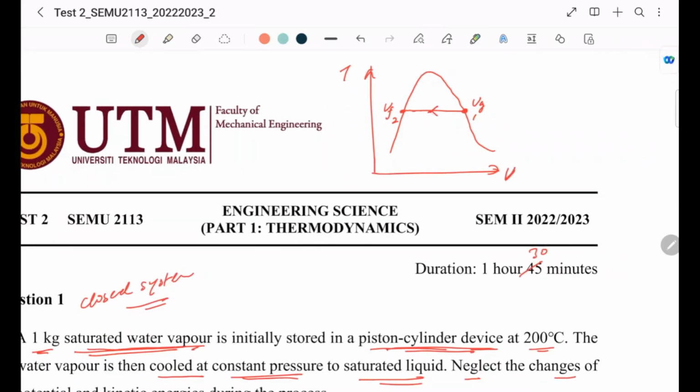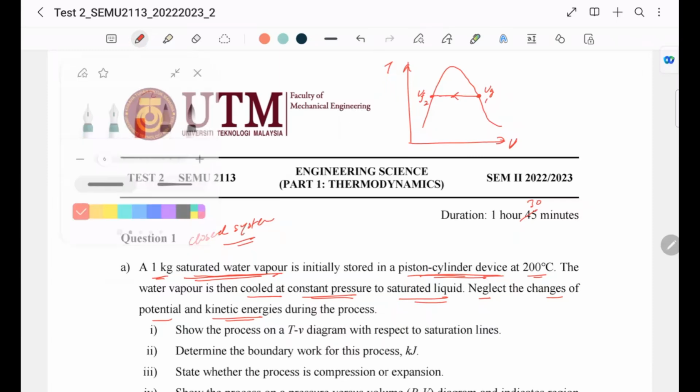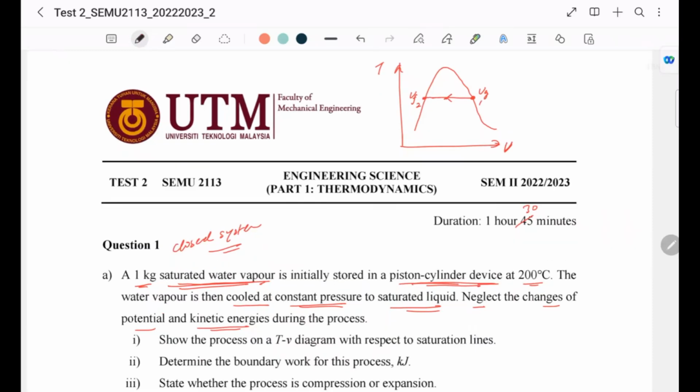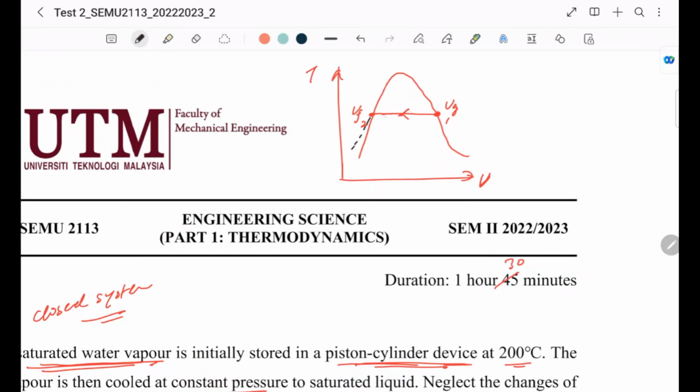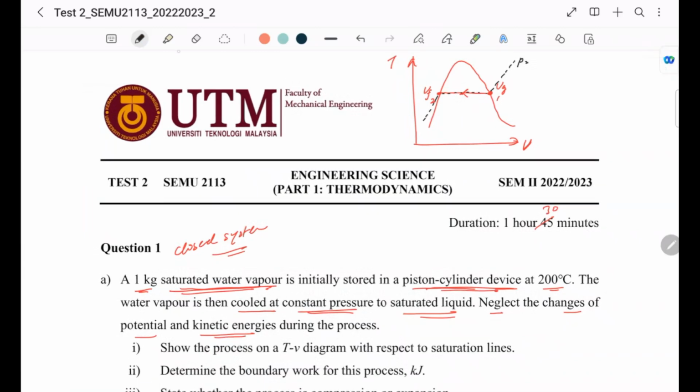So the process looks like this. And if you remember, for the T-v diagram, the constant pressure line is basically this. It didn't say how much the pressure is, but that's the constant pressure line. The state changes from 1 to 2, basically from here to here. So that's the answer for number 1.